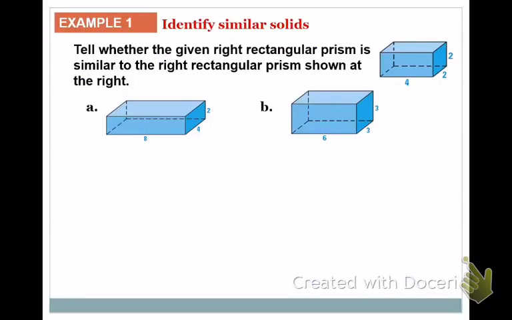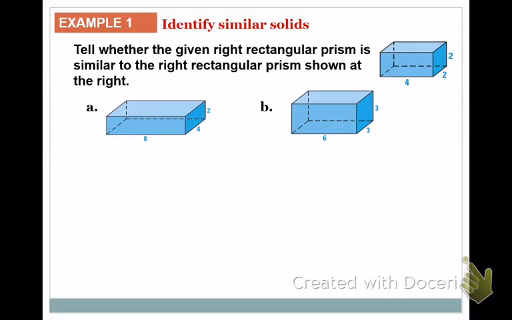Tell whether the given rectangular prism is similar to the right rectangular prism as shown. All right? So here we're given a prism with sides 4, 2, and 2, and we have to determine, is this similar to that prism?